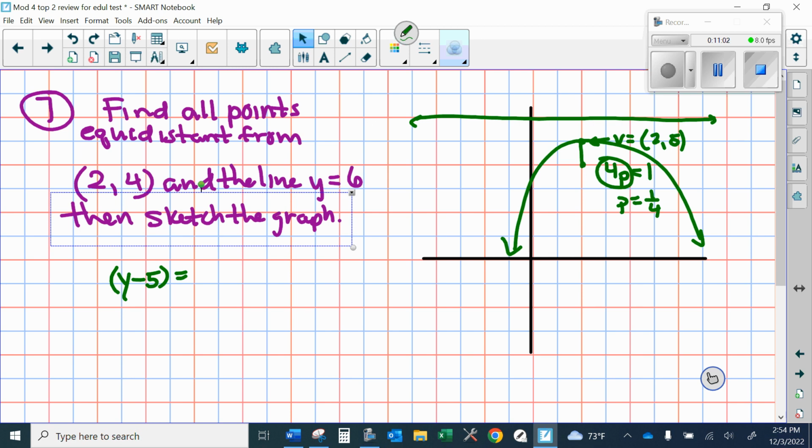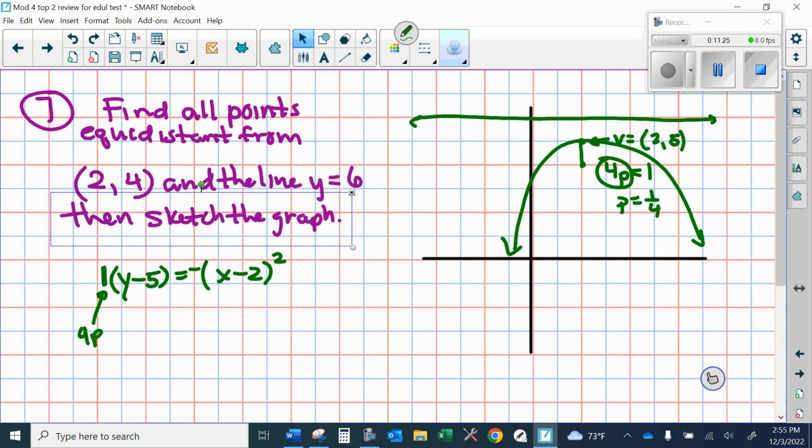The 4p goes right here, and that distance is 1, equals the x squared, so it's going to be negative. And x is plus 2, so we switch the sign.